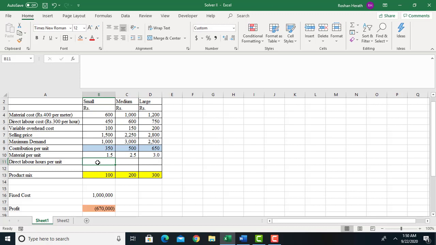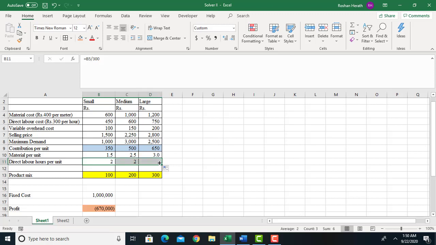Similarly, the direct labor hours you can work out. The cost is given and the price per direct labor hour is given. So you can work out how many direct labor hours it takes per unit. It's 450 divided by 300.